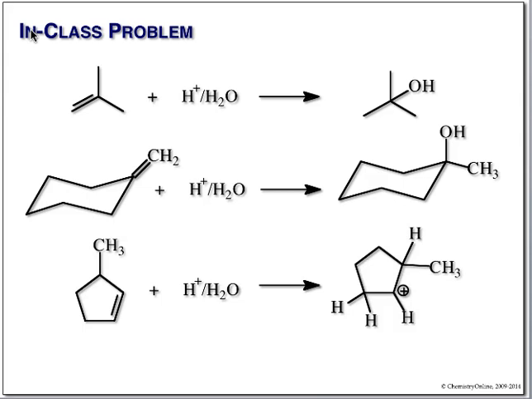However, this is going to undergo a 1,2 hydride transfer to give us the tertiary carbocation. Once we have our most stable carbocation, OH minus adds, and we get our alcohol. So addition, give a carbocation, rearrangement, Markovnikov regiochemistry. Any questions?